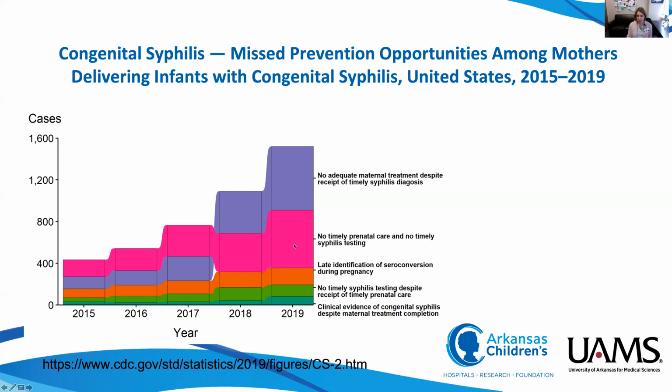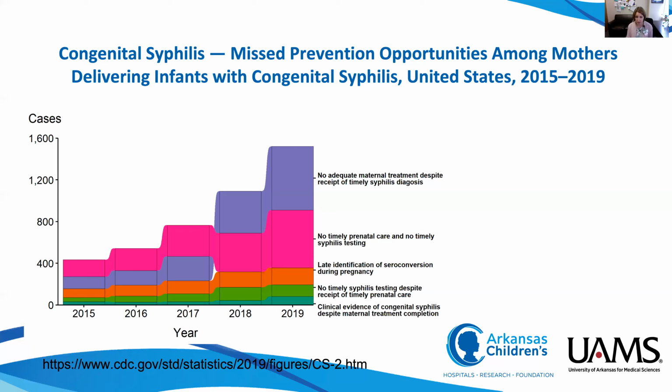The hot pink group is moms who had no prenatal care and there was no diagnosis, and that's how the babies slipped through. The orange group is where moms were identified late during pregnancy. They must have acquired the infection late during pregnancy.